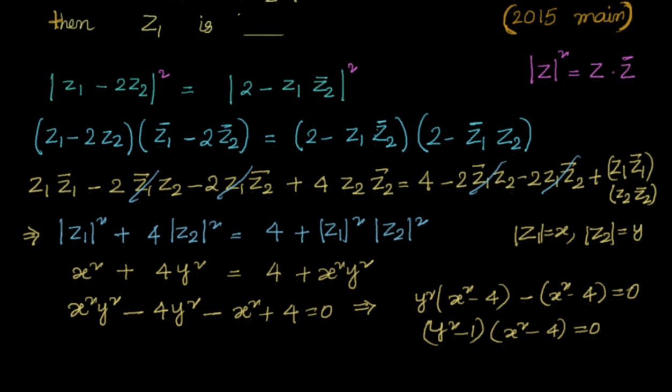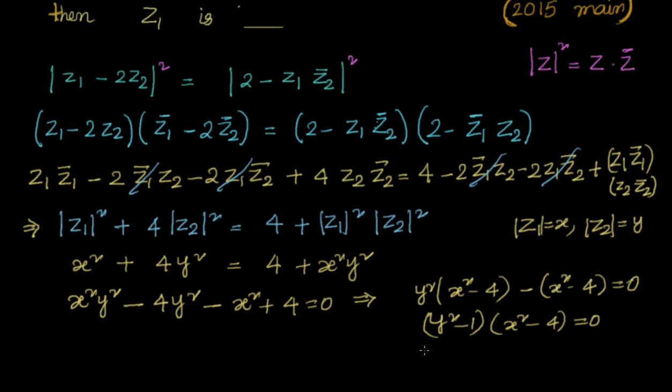Now we'll try to convert this back into mod z. So it will be nothing but mod z2 whole square minus 1, multiplied with mod z1 whole square minus 4, which is equal to 0.